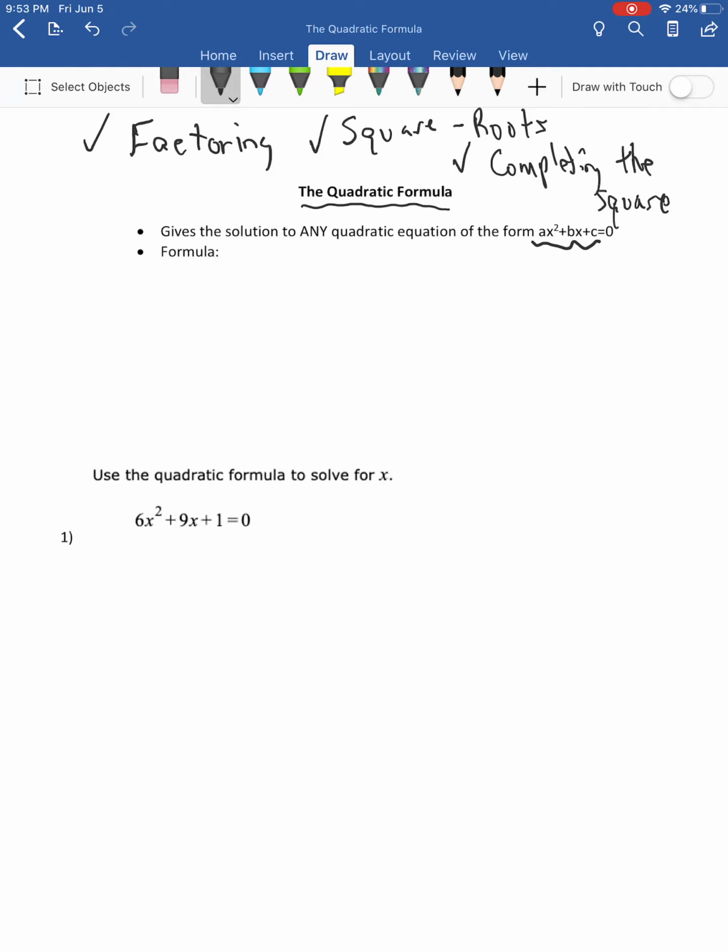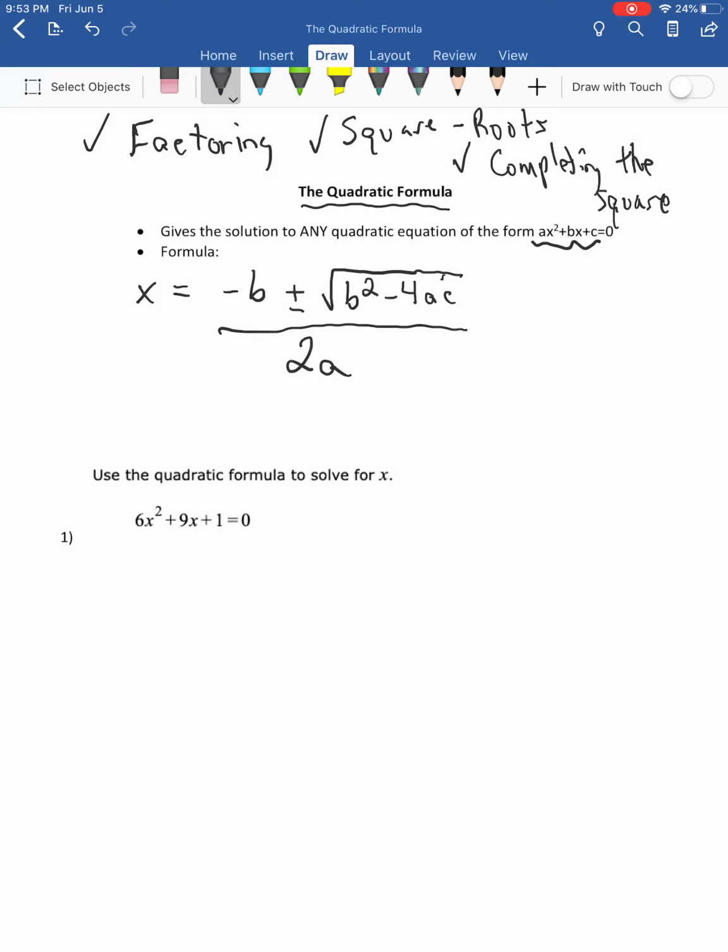If you have a quadratic equation in that form, the solutions are given by the quadratic formula: x equals negative b plus or minus the square root of b squared minus 4ac, all over 2a.